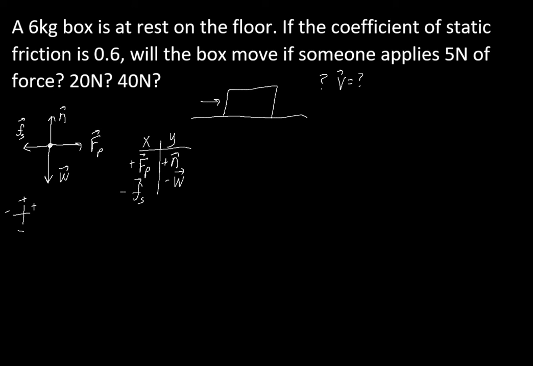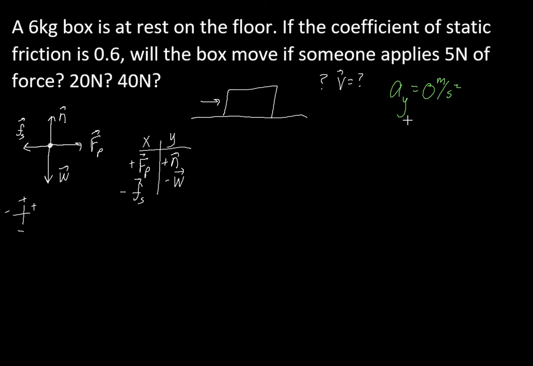One thing that we can say for certain in this problem is that the acceleration in the y direction will be 0. The reason I'm allowed to say that is because there's nothing else acting in the y direction. The person is pushing horizontally, so it might be accelerating in the x direction, but the person isn't going to be making the object accelerate off of the surface or into the surface.